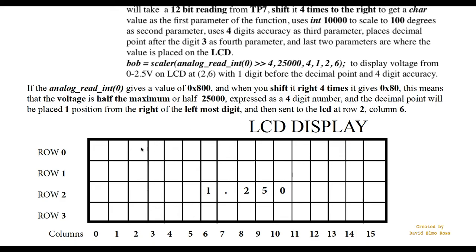So 2 and 6, remember this is row 0, row 1, row 2, row 3. So it's going to start here at row 2, column 6, and it's going to write down 1.250 based on half of this value, putting the 4 digits and saying the decimal point is going to be not here, but here, 1.250, displayed at these particular coordinates on the LCD.